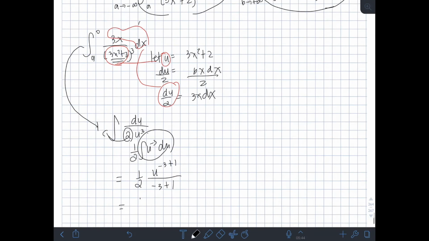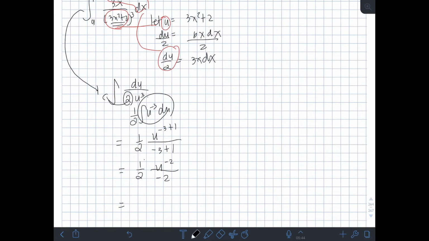Simplifying, negative 3 plus 1 is negative 2, so we get 1/2 times 1/2, which is negative 1/4 times 1 over u squared. Or let's just write negative 1 over 4u squared.